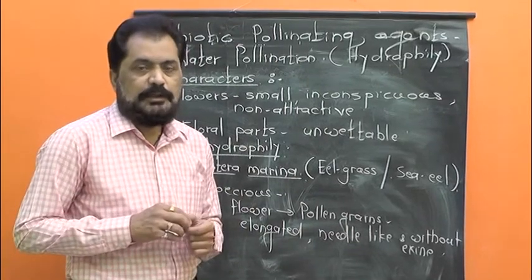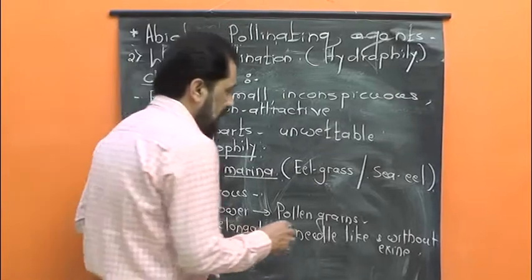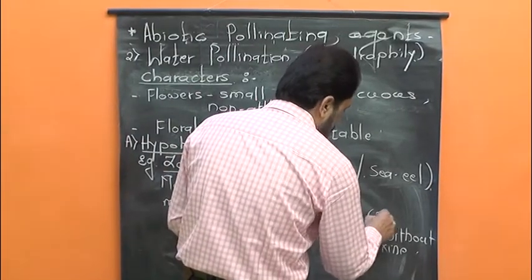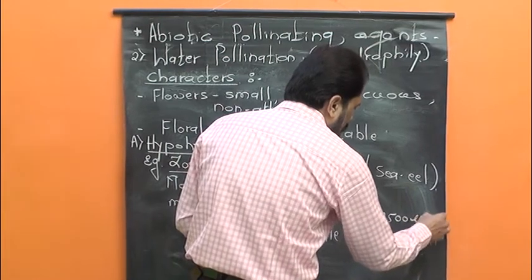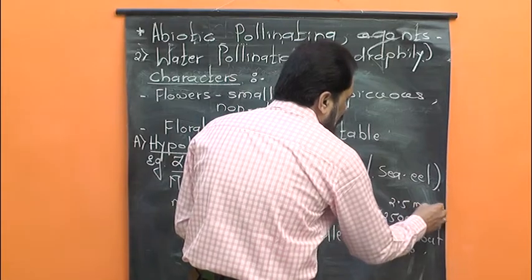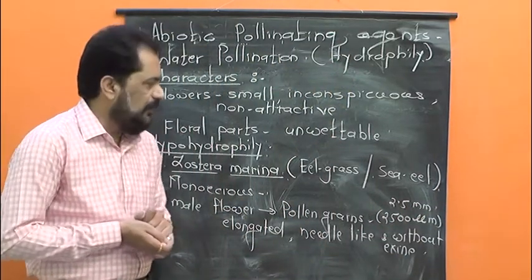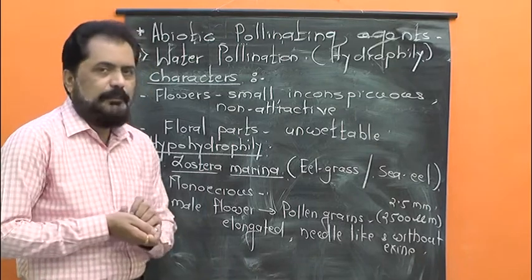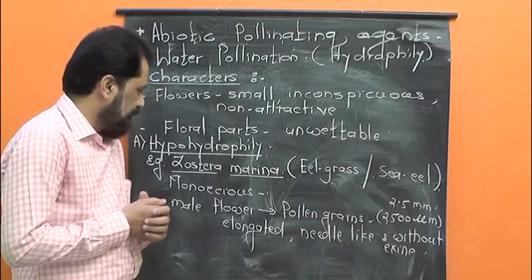Let me tell you the average size of pollen grain in this plant. The size of pollen grain is near about 2500 micrometer. It means 2.5 millimeter. We know generally the pollen grains are microscopic, but here these are elongated, needle-like.